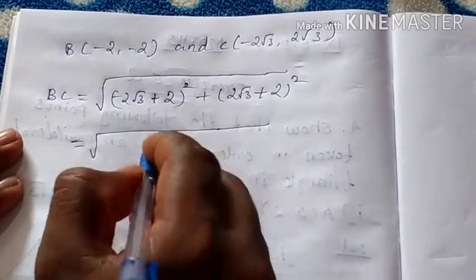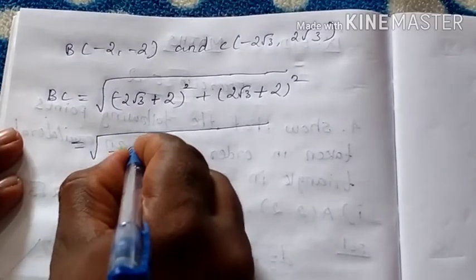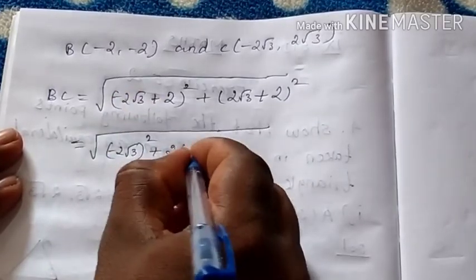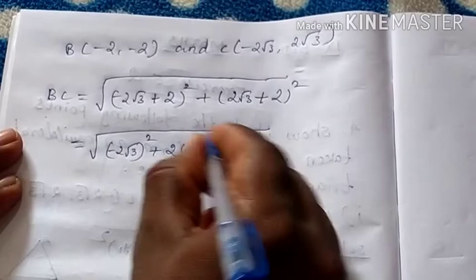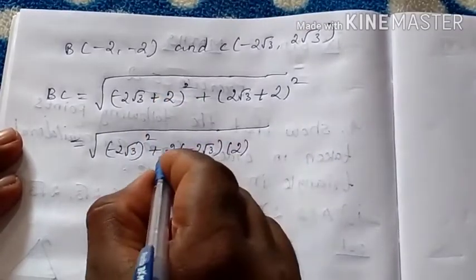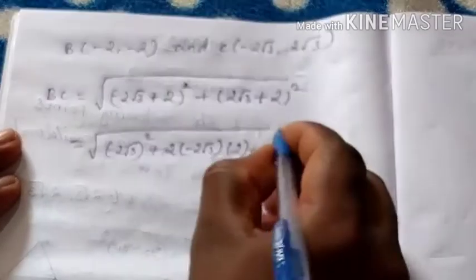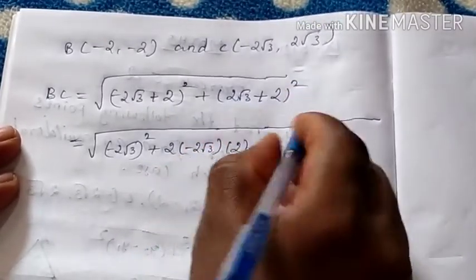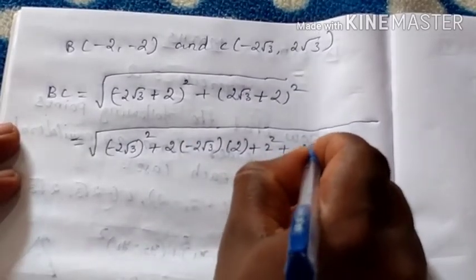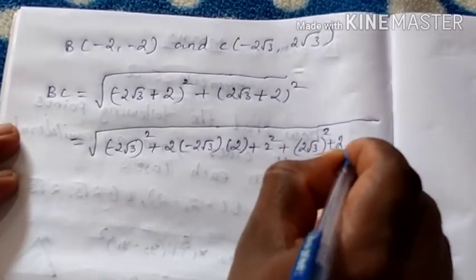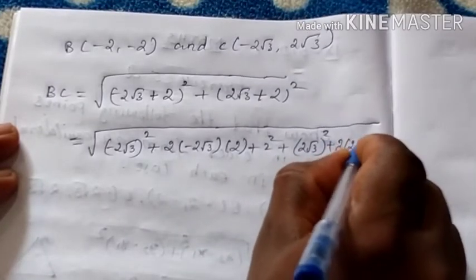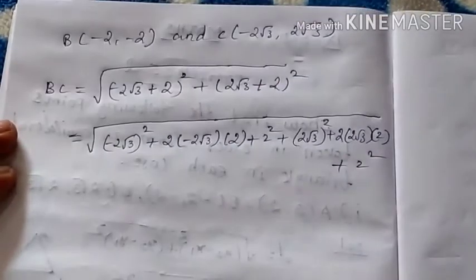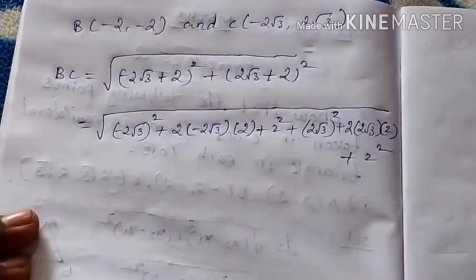(A plus B) the whole square equals A square plus 2AB plus B square. Here A is minus 2 root 3 and B is 2. In the same manner for the second term, (A plus B) the whole square, A is 2 root 3 and B is 2. Carefully substitute the algebraic identity.